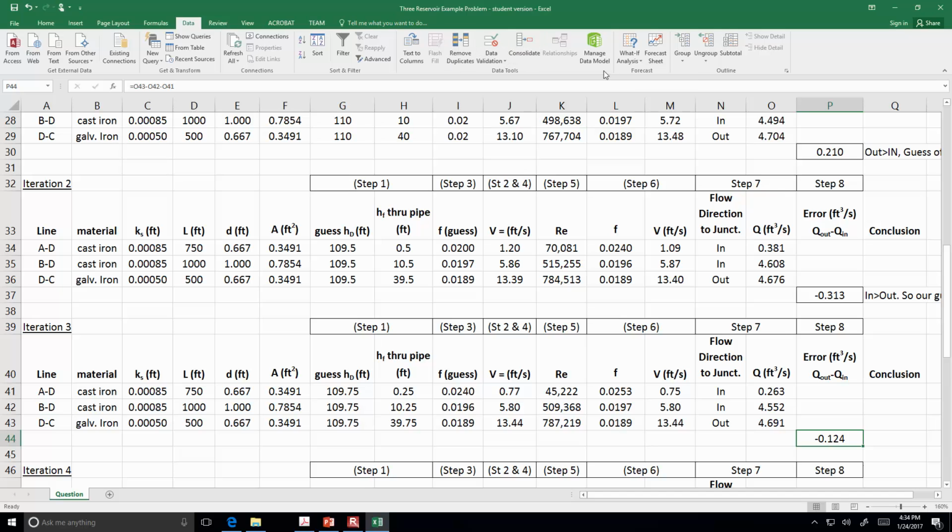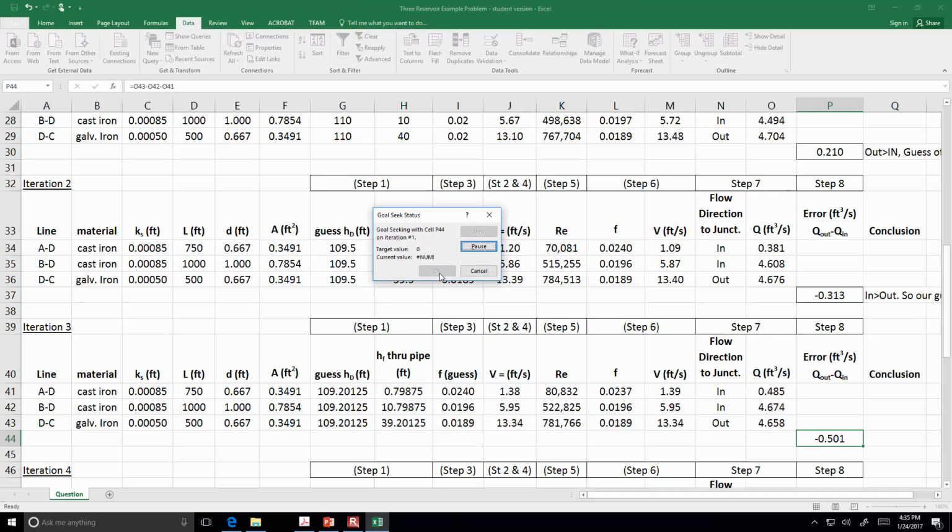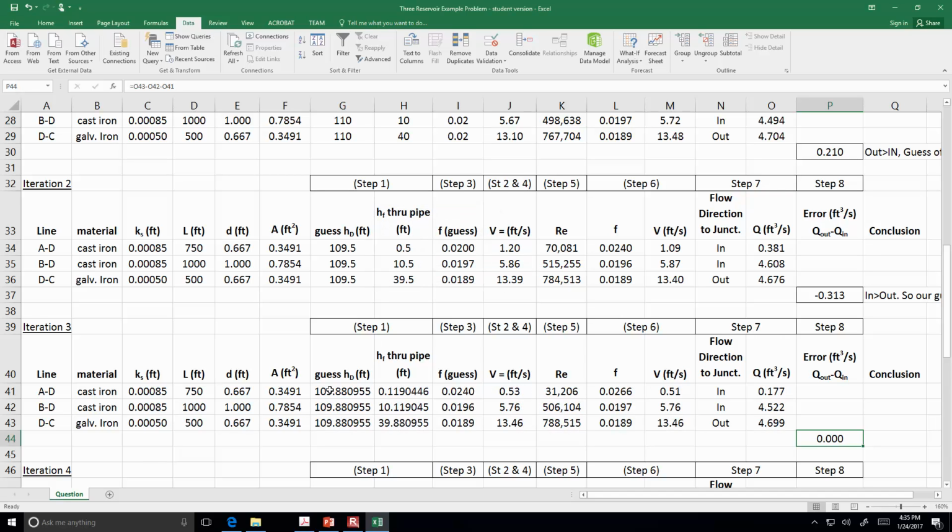All right, so what if analysis, goal seek, and I'm going to try and get the sum of the errors to 0 by changing the head at D. I let it run wild. All right, it found something here. 109.88, that's a pretty good value.